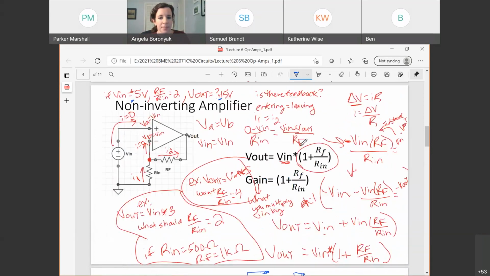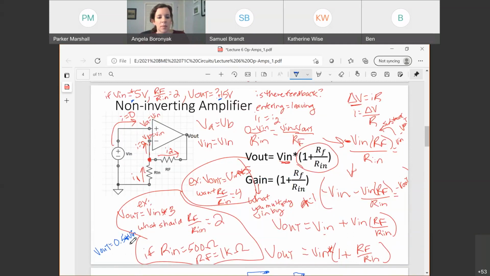Can this guy, similarly, going back to my non-inverting amplifier, can he multiply, let's say, by, I want V out to equal 0.5 times Vn. Can he do that?